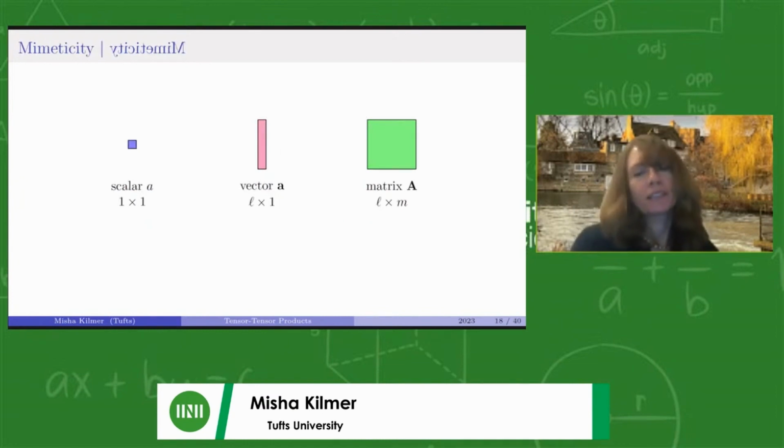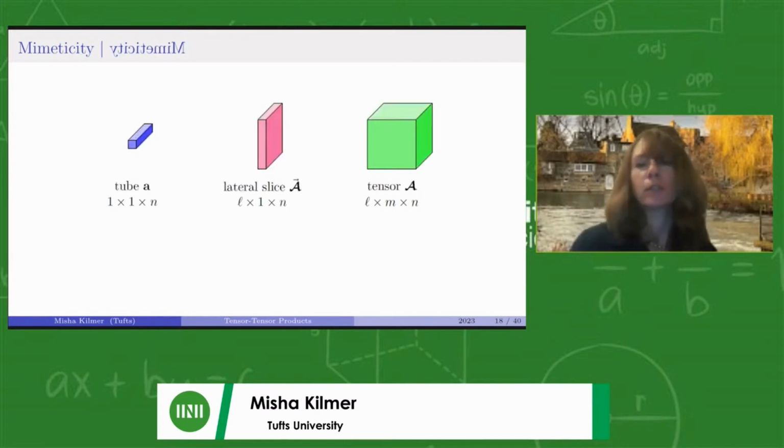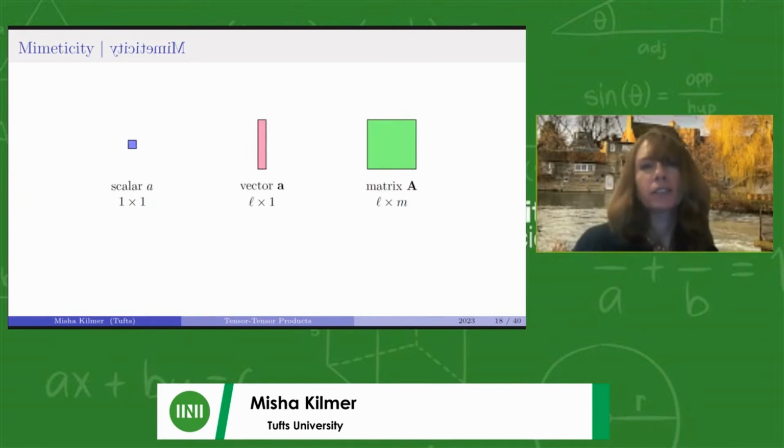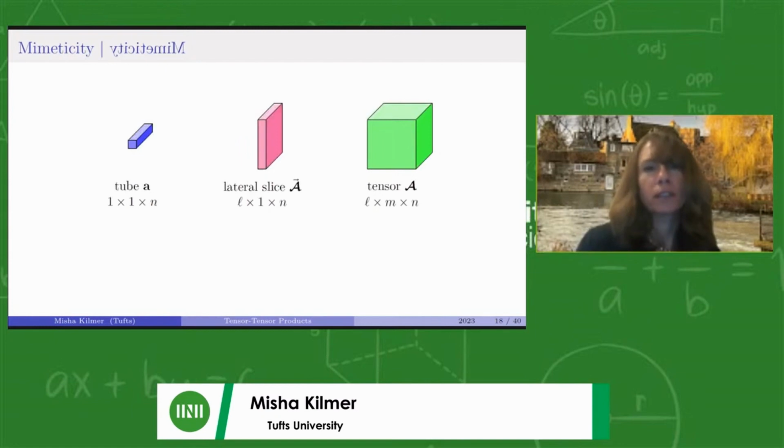So the key here is this concept of matrix mimeticity. If we understand the linear algebra, then all we're going to do really here is add a dimension. So where we had a scalar, a vector, and a matrix, we now are going to think in terms of a tube fiber, a lateral slice, and a tensor.